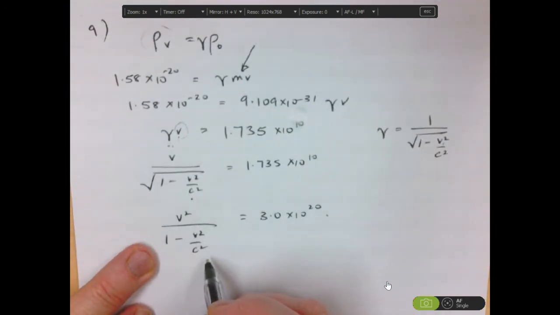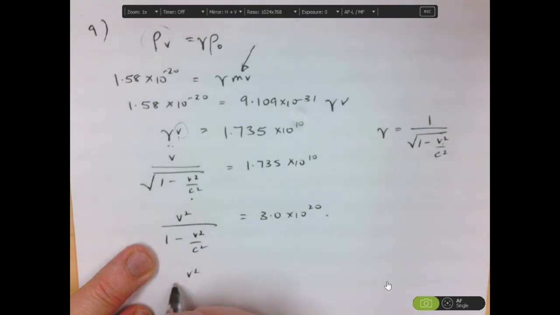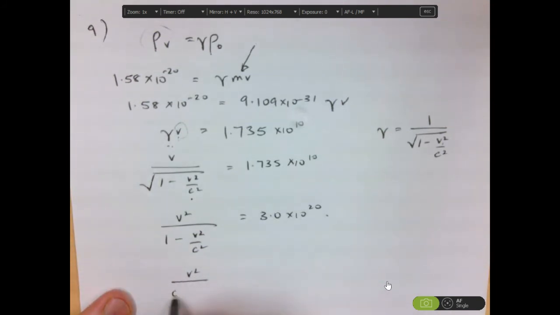Let's bring it to a common denominator. So I'm going to multiply through here by, that's v squared over c squared minus v squared equals, I'll make this c squared, that's it there, equals 3 by 10 to the 20. That means I can now bring that up to the top.